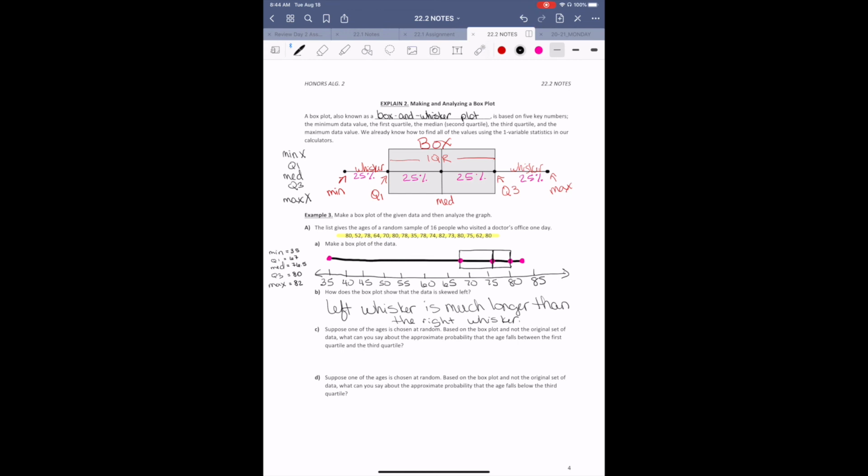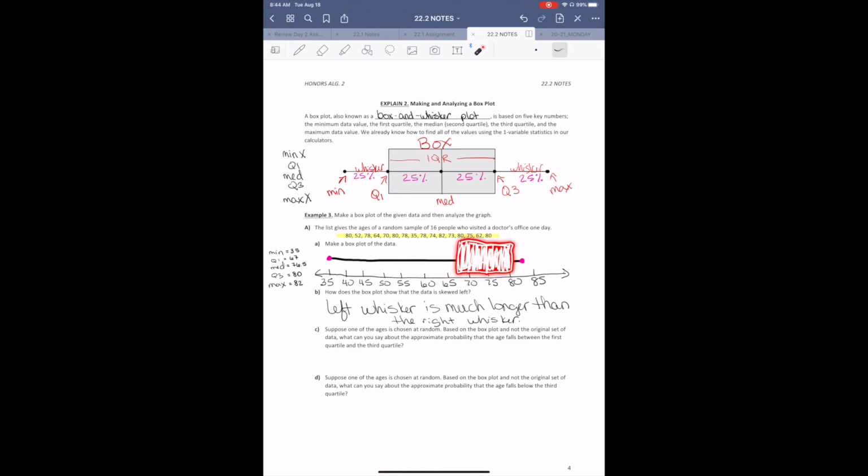And part C, suppose one of the ages is chosen at random. Based on the box plot and not the original set of data, what can you say about the approximate probability that the age falls between the first quartile, which is here, and the third quartile, which is here? So, based on what we know of box and whisker plots, how much data would fall into this specific area?